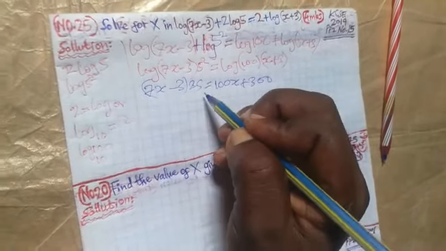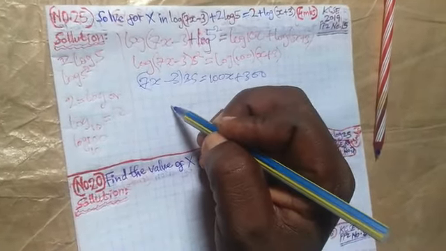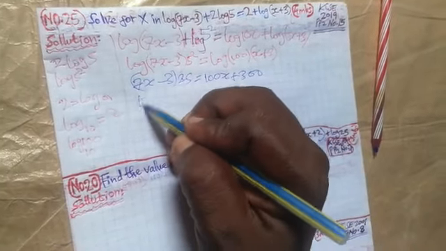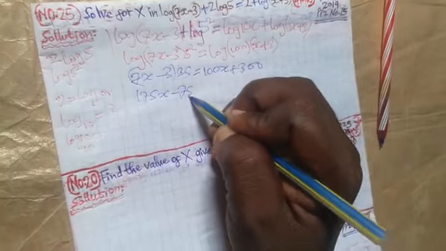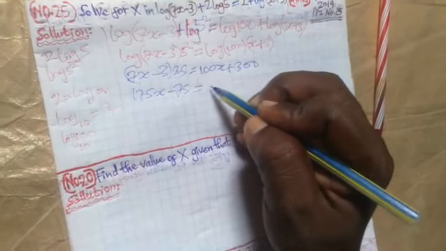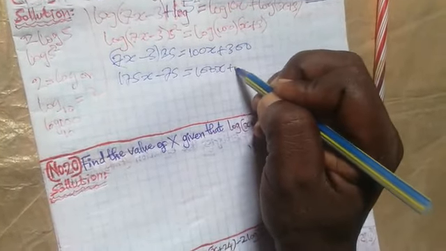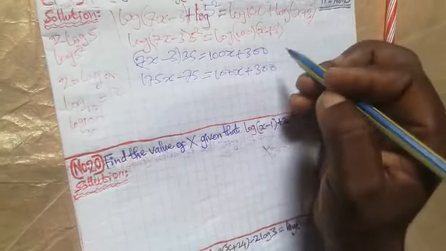If we multiply this, it will give us 175x minus 75 is equal to 100x plus 300.